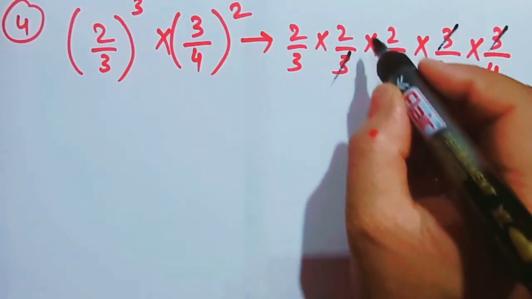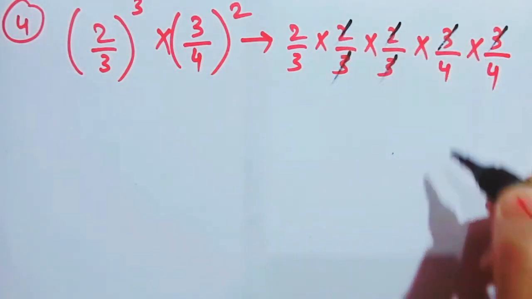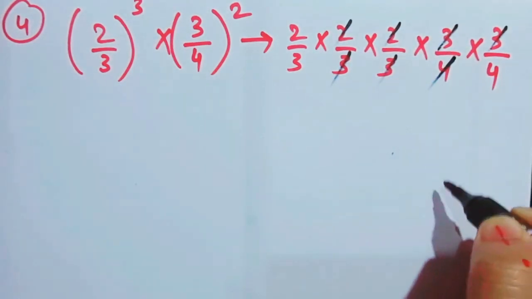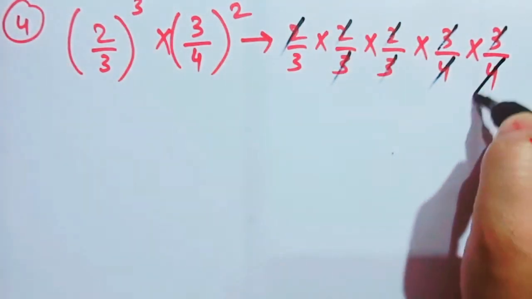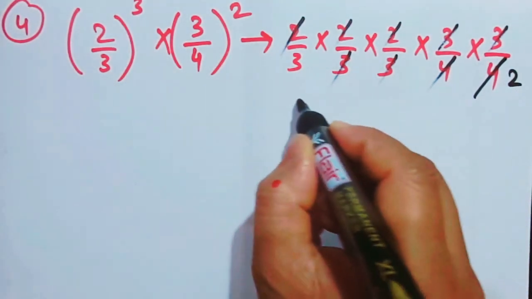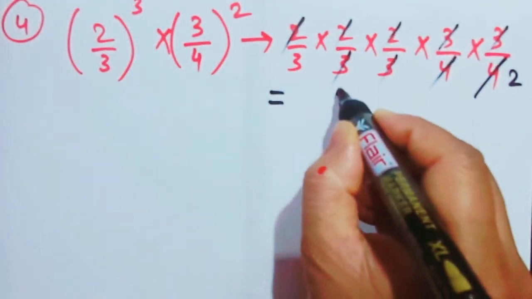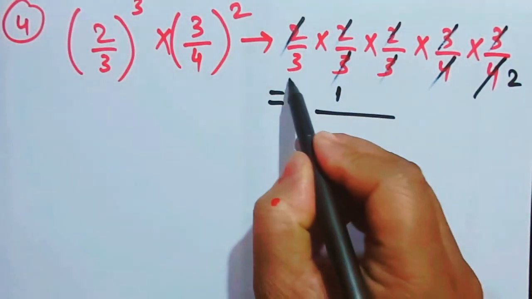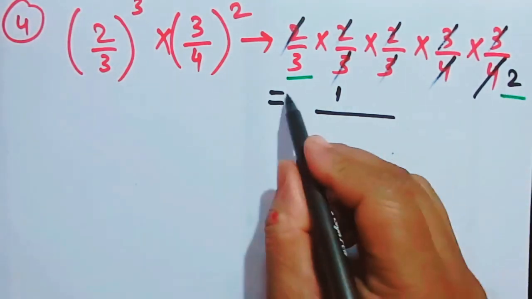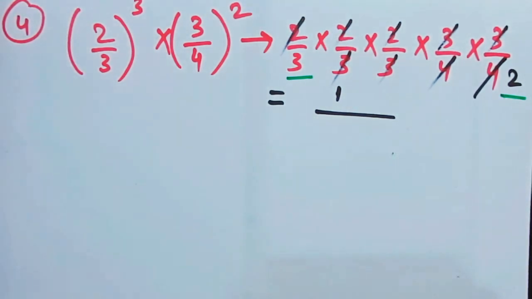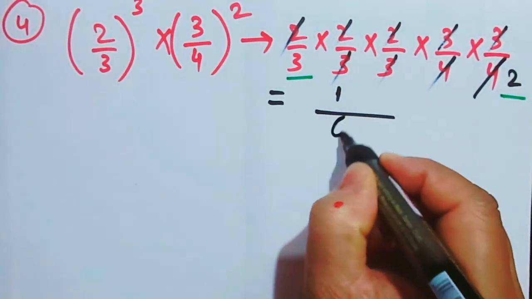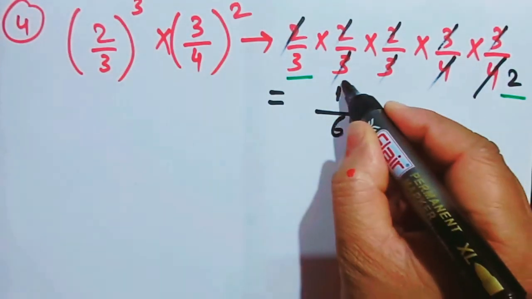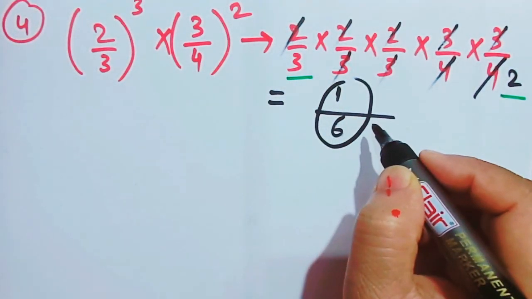Similarly 2 times 4 will get cancelled. So finally, what are you going to get? 1. Here you have 3, and here you have 2. So 3 times 2 will give you 6. So 1 by 6 is your final solution.